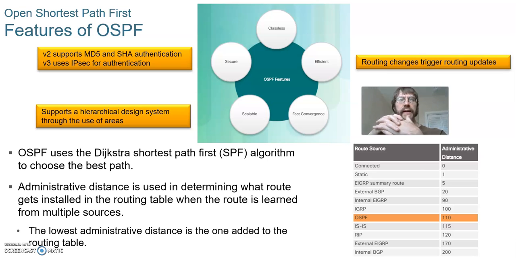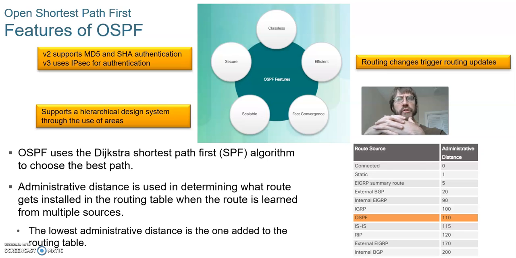OSPF uses Dijkstra's Open Shortest Path First algorithm. Edsger Dijkstra, I believe, was a Dutch mathematician. Don't worry if you accidentally misspell it. I've done that myself a few times.